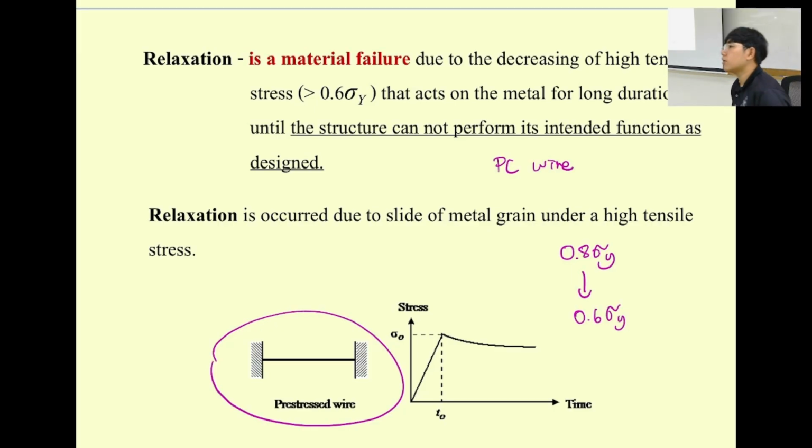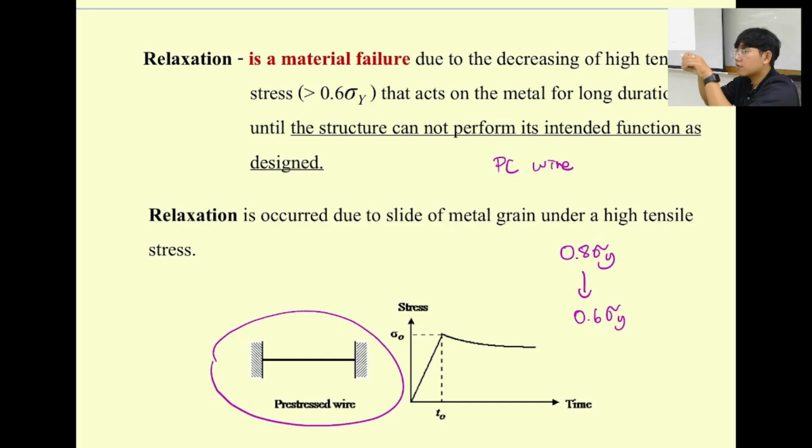For example, me and him try to put 80 inside the concrete. You know that concrete is so good, right? So it can hold the wire itself like this. But the inner grain itself, if this is concrete, my hand is concrete, and this is the PC wire, when we pull it to 0.8 sigma y, it's going to produce some relaxation inside.